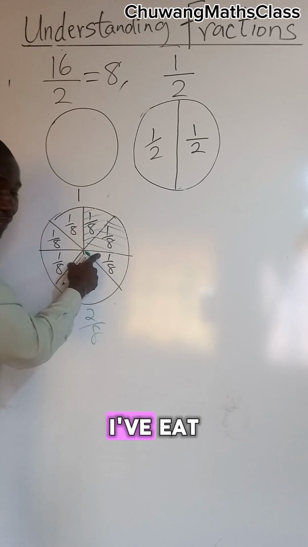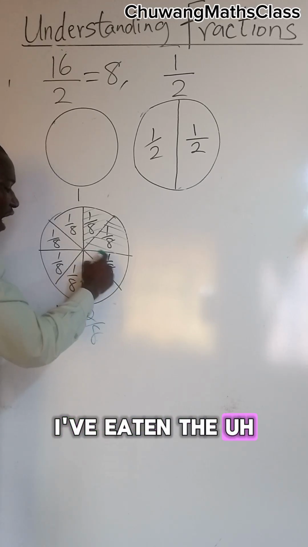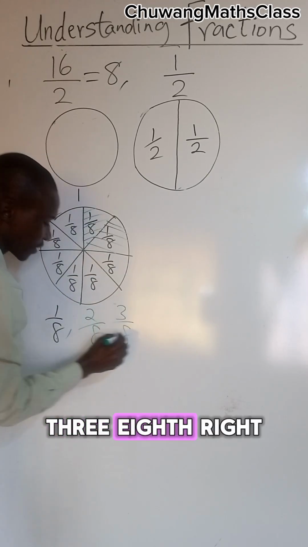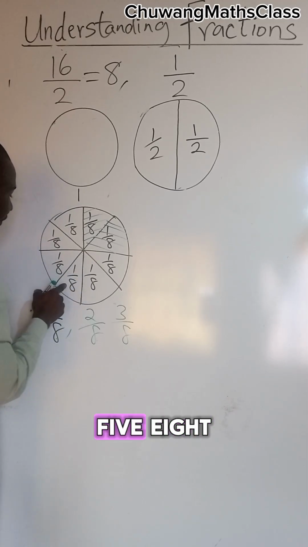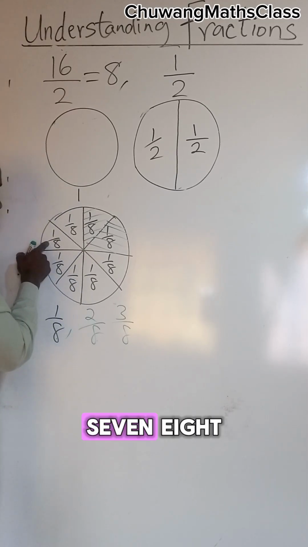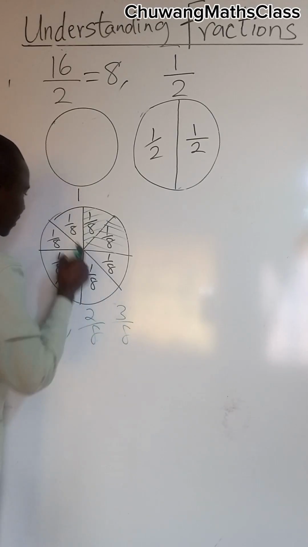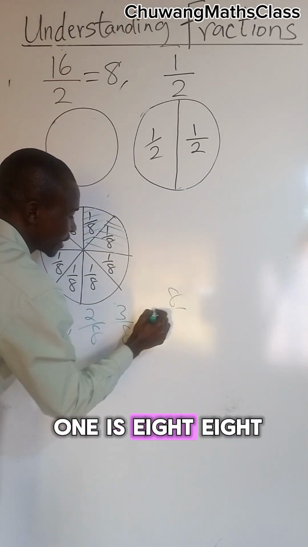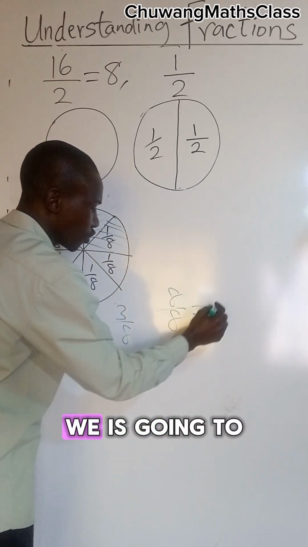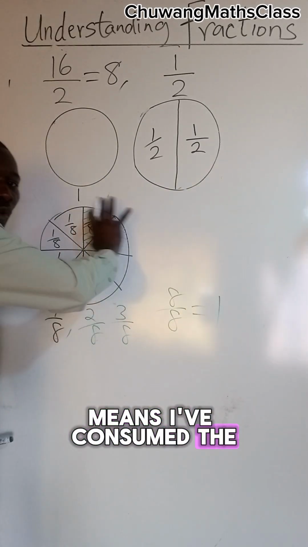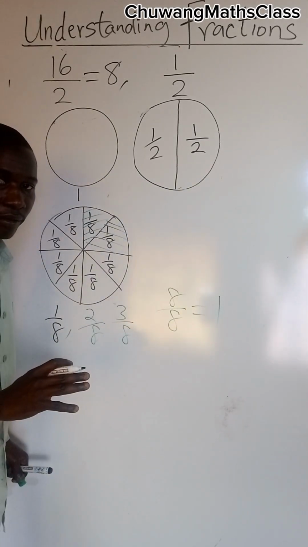If I eat this one, I've eaten 3/8, right? Here I've eaten 4/8, 5/8, 6/8, 7/8, and 8/8. This 8 over 8 is going to give me 1. It means I've consumed the whole cake.